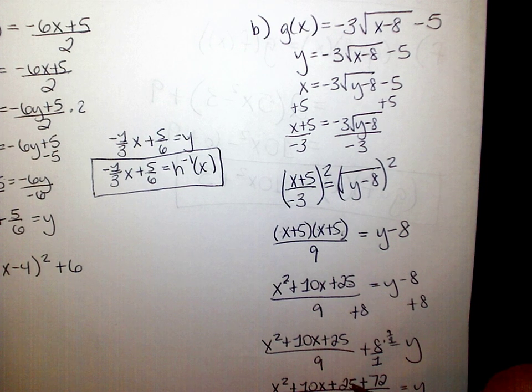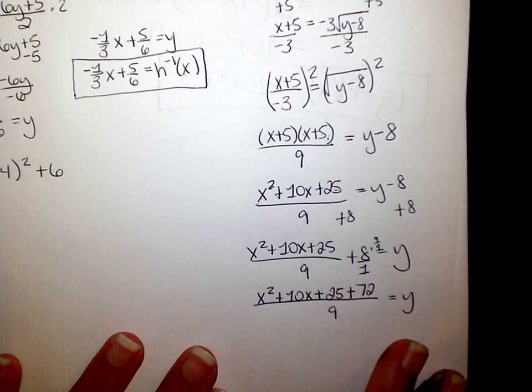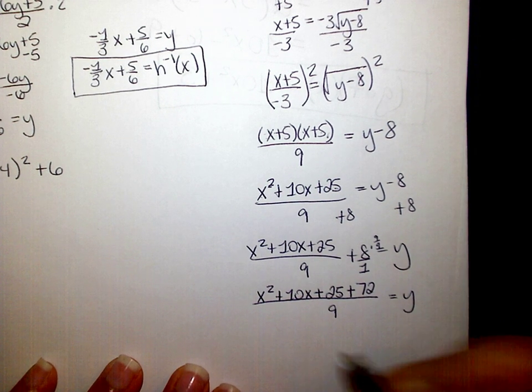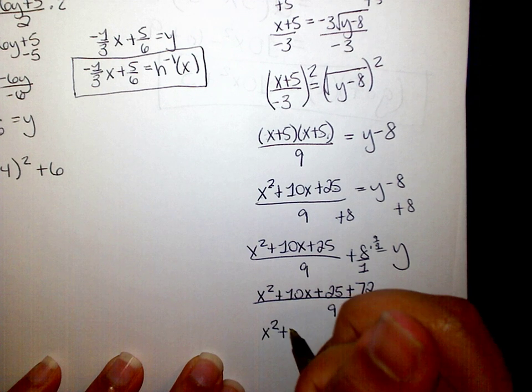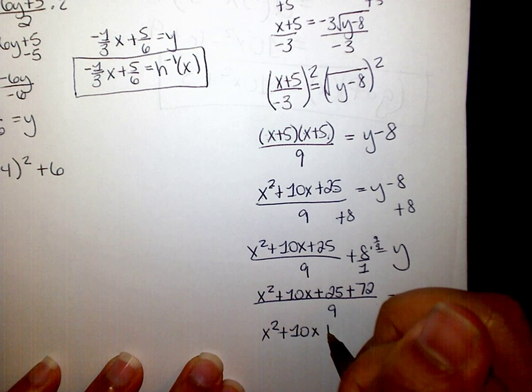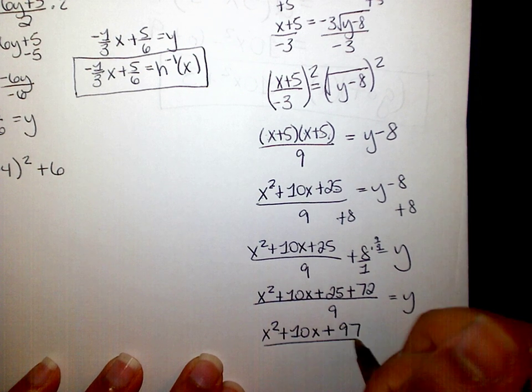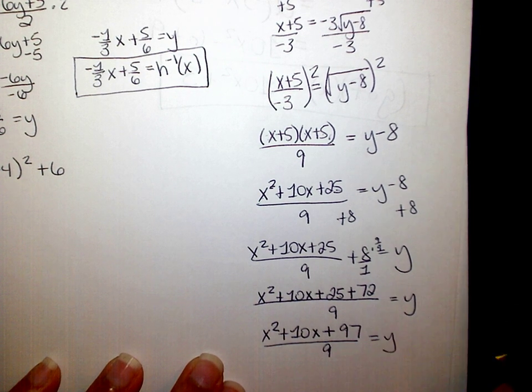Then I'm just going to combine the 25 and the 72. So I'm going to get x squared plus 10x plus 97 over 9 equals y.